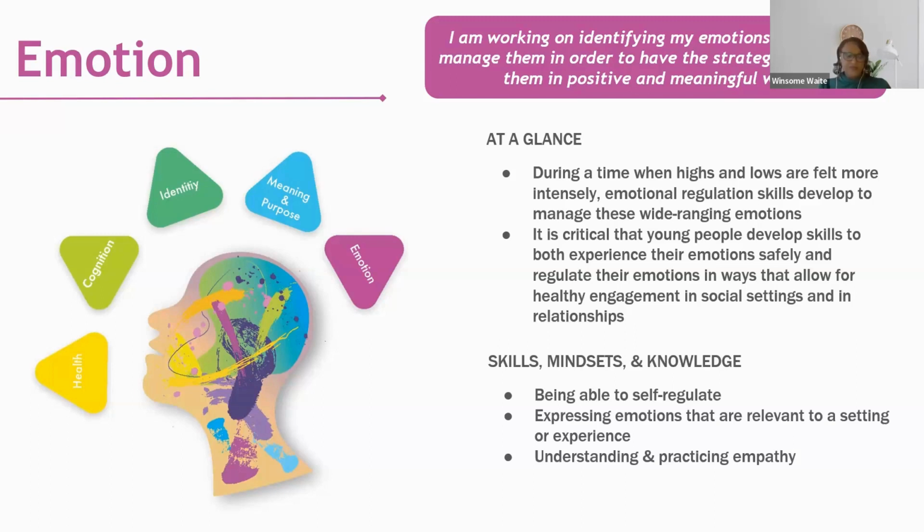And so we need to understand that this results in heightened sensitivity to any emotional experiences, content, and interpersonal cues. It is critical for young people to develop the skills and experiences to support the regulation of emotions, not just their own, but the understanding of other people's emotions. That's really important in different settings and in different relationships.